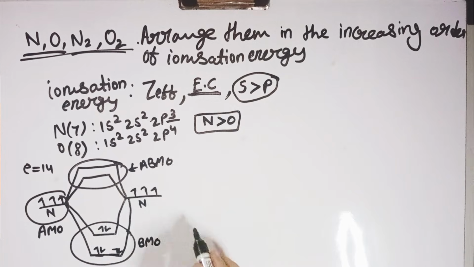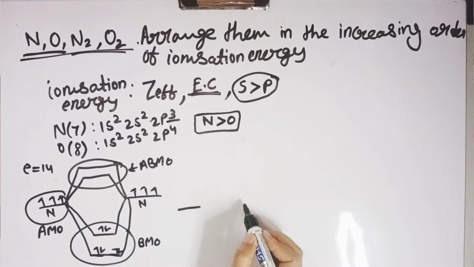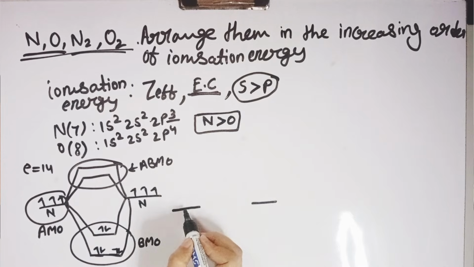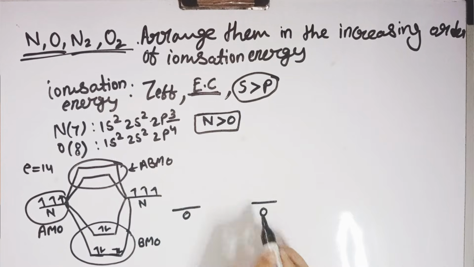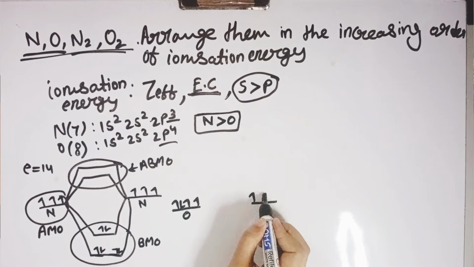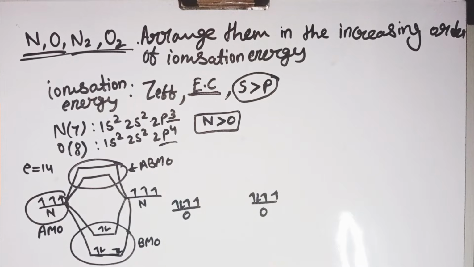Okay, now let's do the same for oxygen. Because oxygen is more electronegative, it is going to have lesser energy. So oxygen has 4 electrons in the outer orbital. So 1, 2, 3, 4, 1, 2, 3, 4.